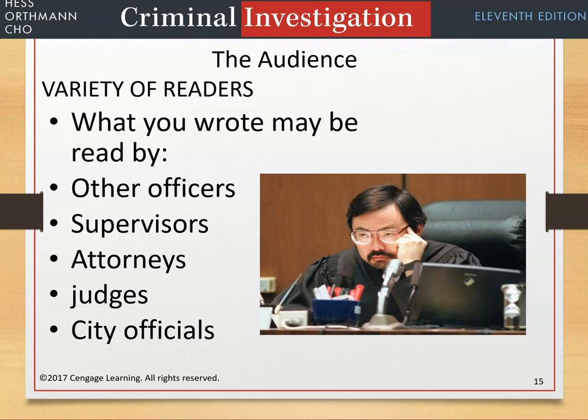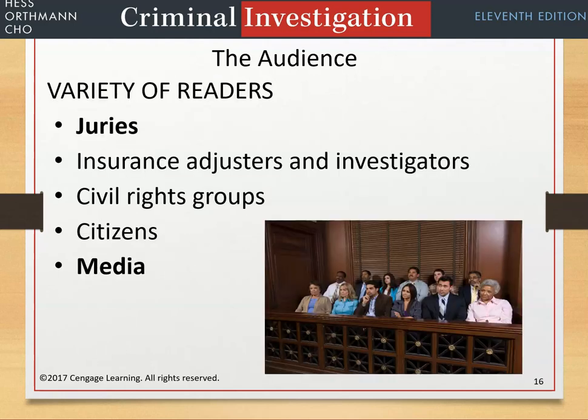Well, what you write may be read by other officers, your supervisor, lawyers, judges, jurors, social workers, city officials, maybe even insurance adjusters, private investigators, civil rights groups, citizens. Oh, and don't forget the media. So there's a lot of people that are going to take a look at this report.